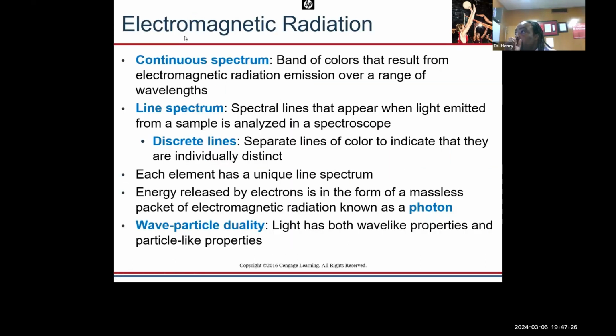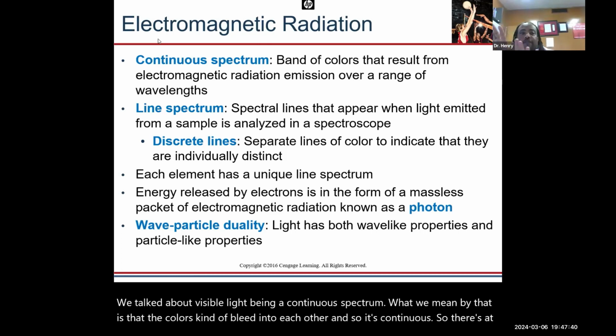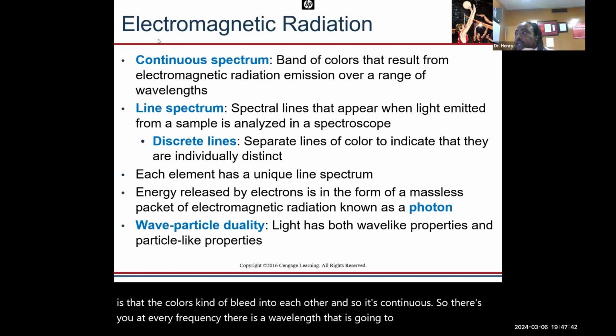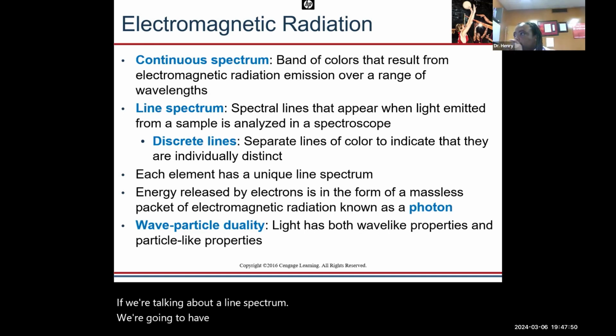Okay, so we talked about visible light being a continuous spectrum. What we mean by that is that the colors kind of bleed into each other, so it's continuous. At every frequency, there's a wavelength associated in that range. If we're talking about a line spectrum, we're going to have discrete lines that show up.